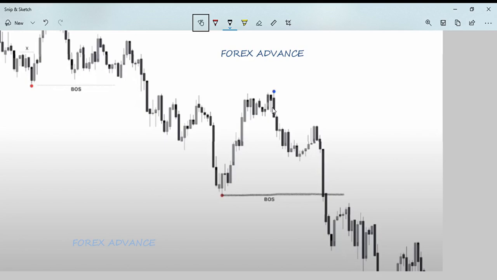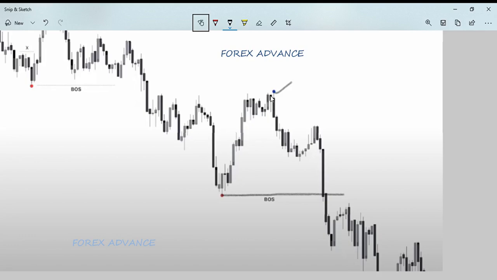The rule is, when we ignore the first candle, we move forward to the next candle. But as you can see, we also cannot mark this specific candle as our order block. Why? Because the third candle, which I already highlighted for you, has broken its high.